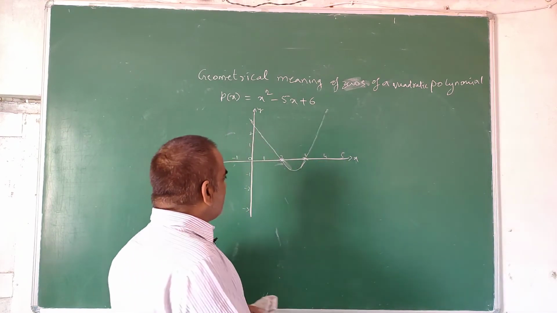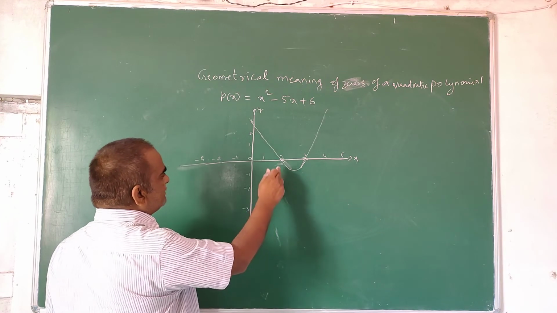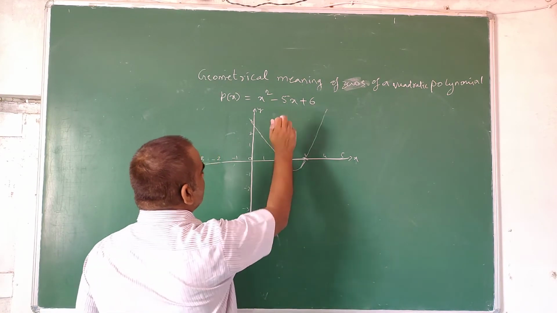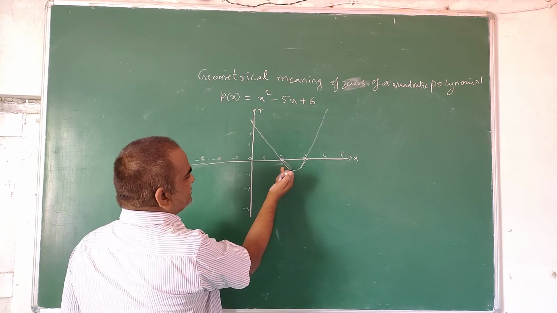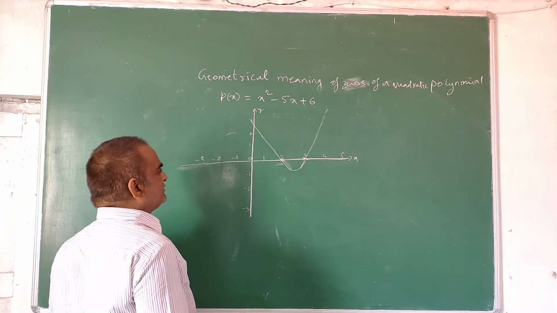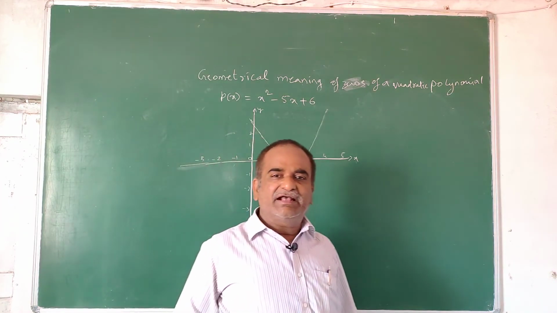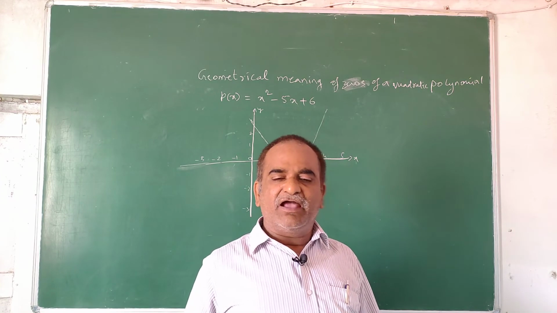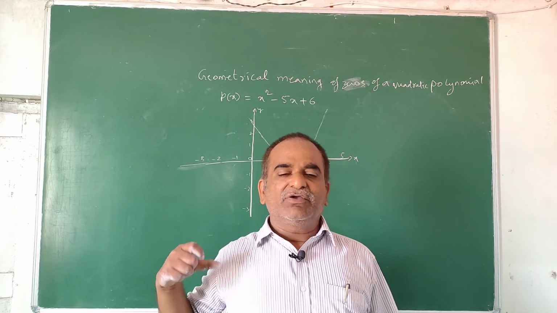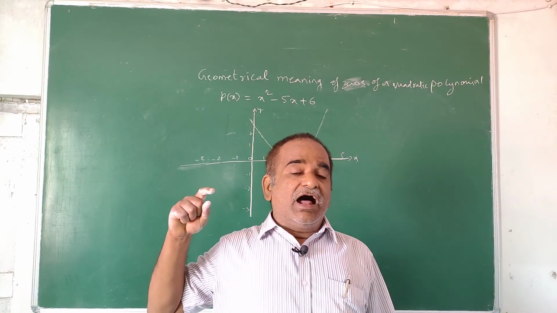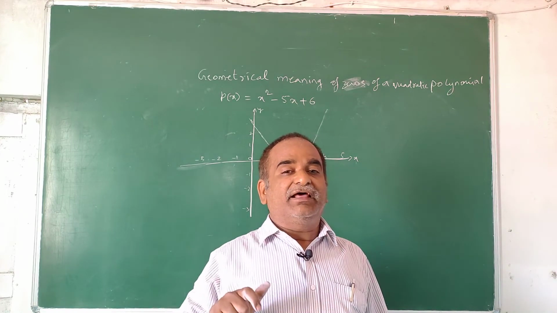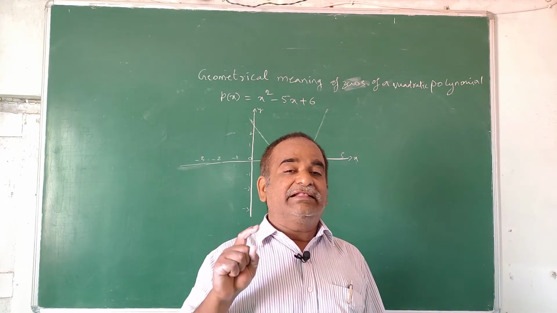Okay. So now, here is the geometrical meaning of zeros of a quadratic polynomial: these zeros are the abscissae of the points where the graph meets the x-axis. This is the point you have to understand. Only to make you understand, I have drawn this diagram. So here, understanding the geometrical meaning is more important than drawing the exact graph.